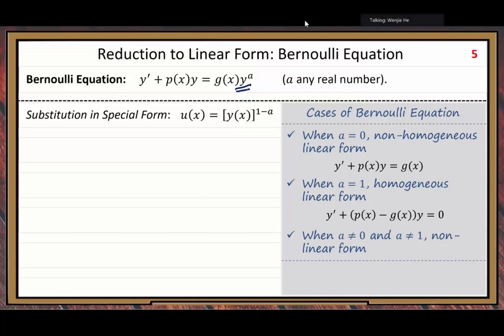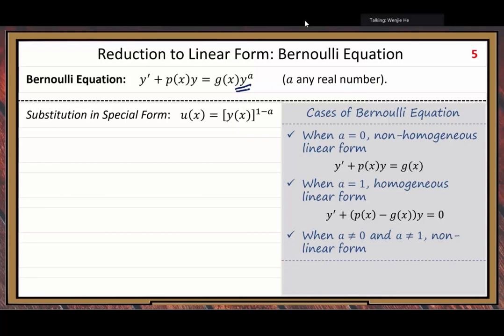How do you know it? Bernoulli found it. First, this equation comes from some real-world physical problem. Bernoulli studied that physical problem, and the equation follows this form.